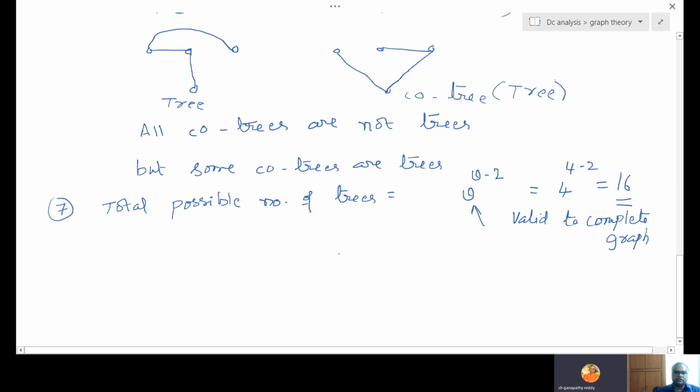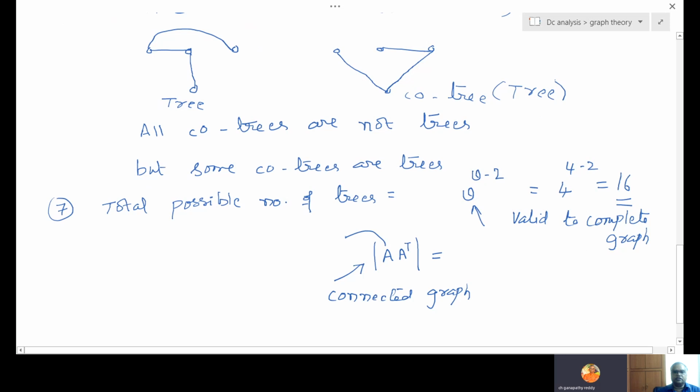For connected graph, there is another formula: determinant of A into A transpose. This is for connected graph. What is A?